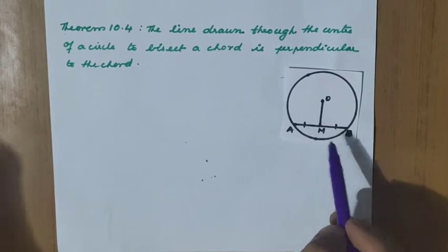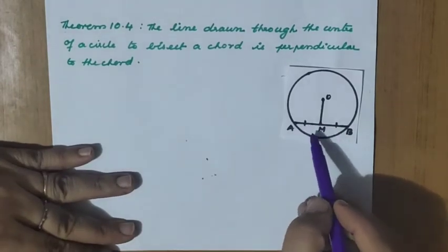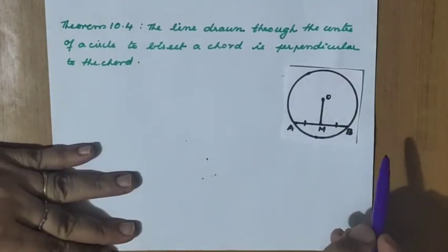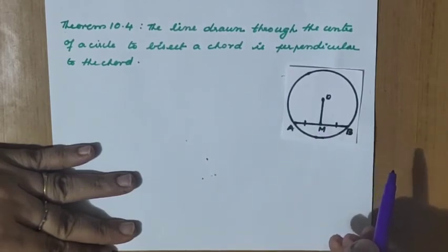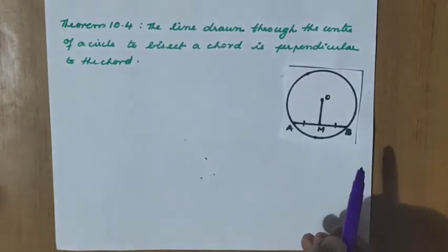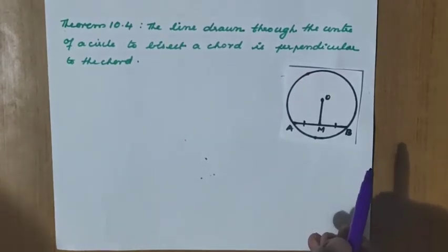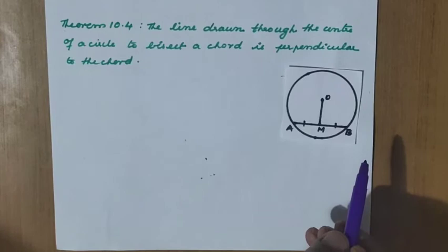the circle to bisect the chord. This time chord is bisected, that is AM and BM are equal. If that is the case, angle M is equal to 90 degree, right? Angle M is equal to 90 degree we have to prove, right? Again we have to join the same steps only.